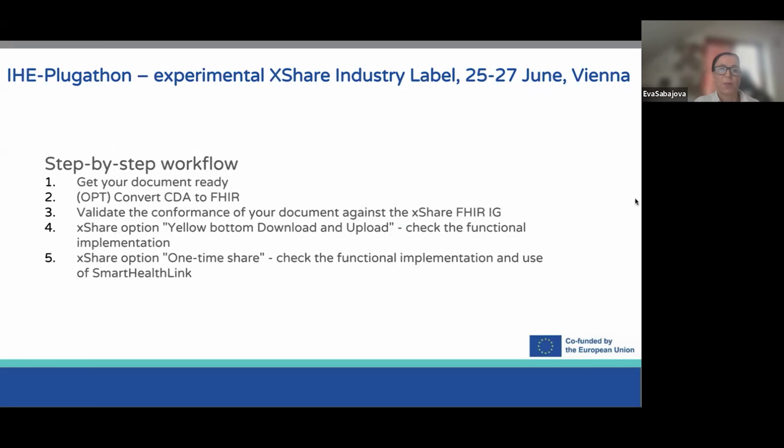The third step was validation of the conformance of the document against the xShare FHIR implementation guide. The fourth and fifth steps were the xShare options: the yellow button download and upload, and the second option, one-time share. Next slide, please.